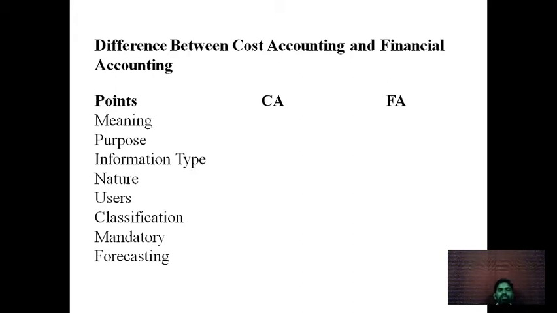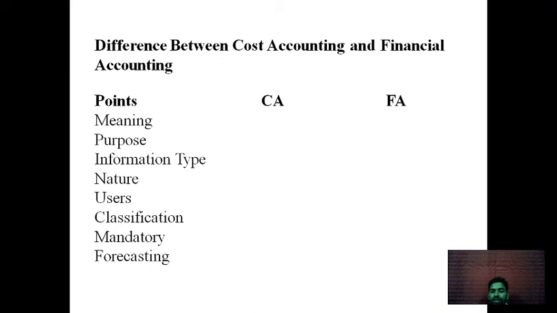Next one is the user. The cost accounting data is used by internal users. Internal users means the management, managers, as well as the employees and supervisors. These are the users of cost accounting. But for financial accounting, internal users as well as external users use the data.